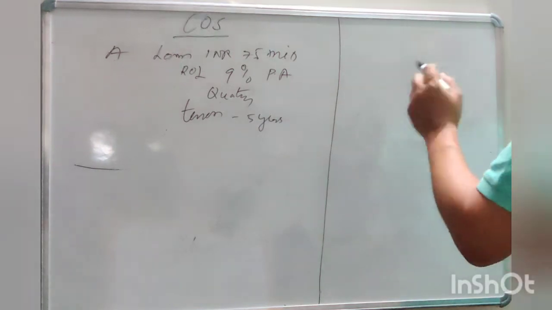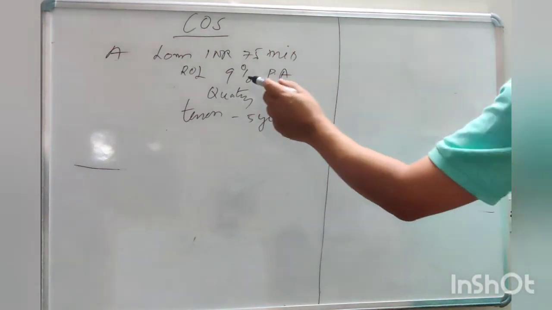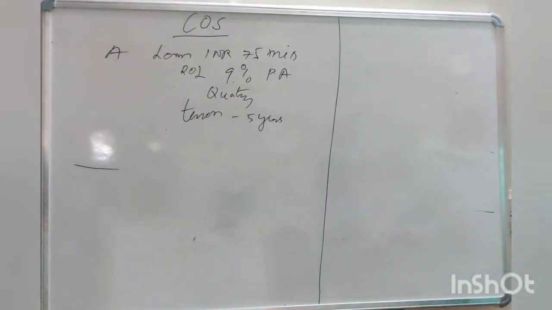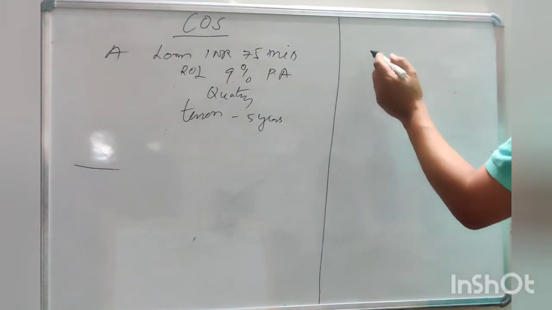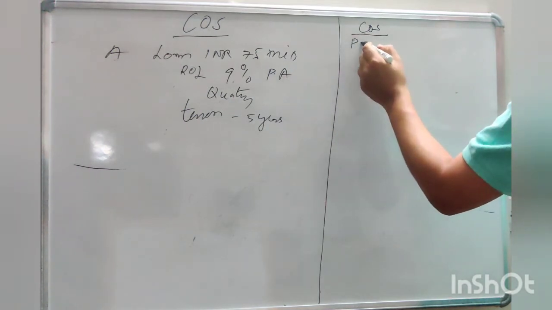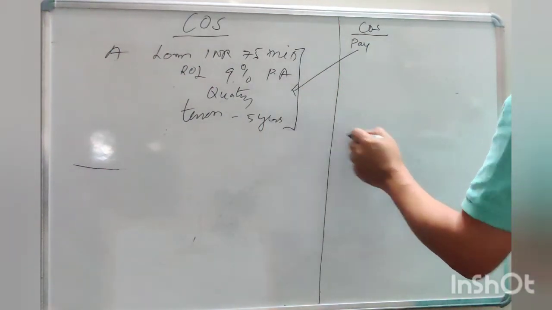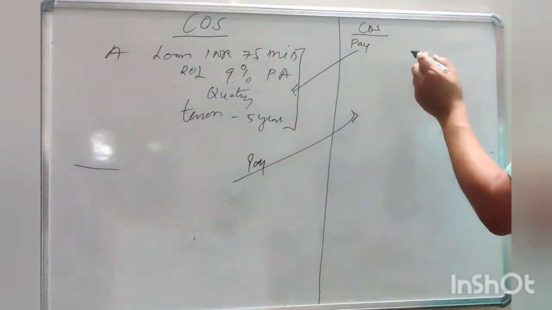So what the customer can do is ask a swap counterparty, I want a coupon only swap where I want to receive 9% per annum on a quarterly basis on my INR 75 mio, and I will pay you interest on a notional in USD.